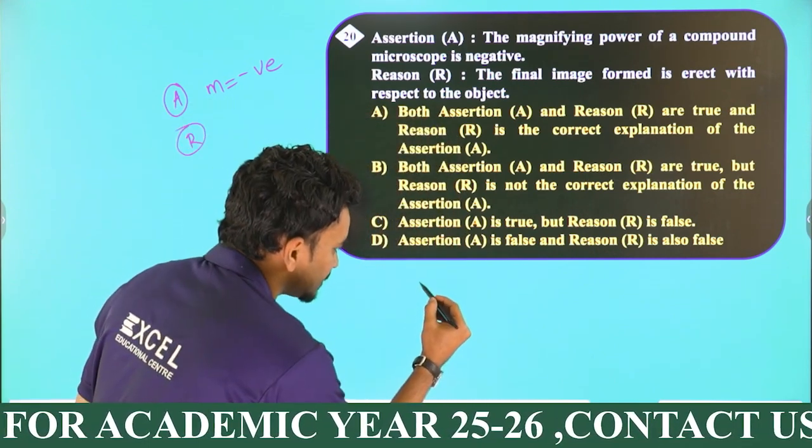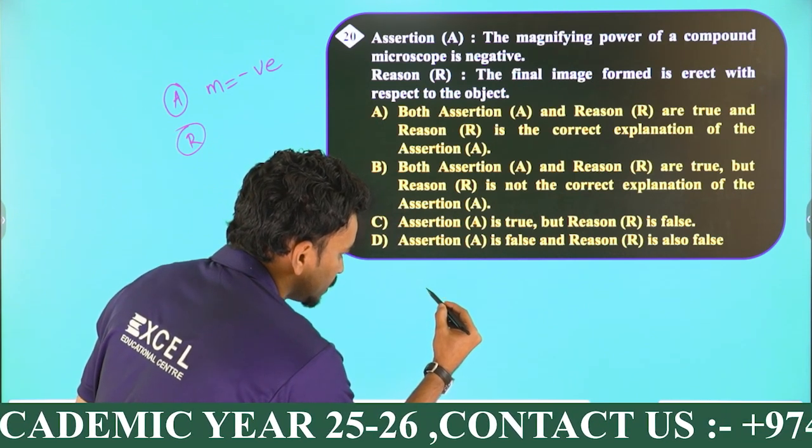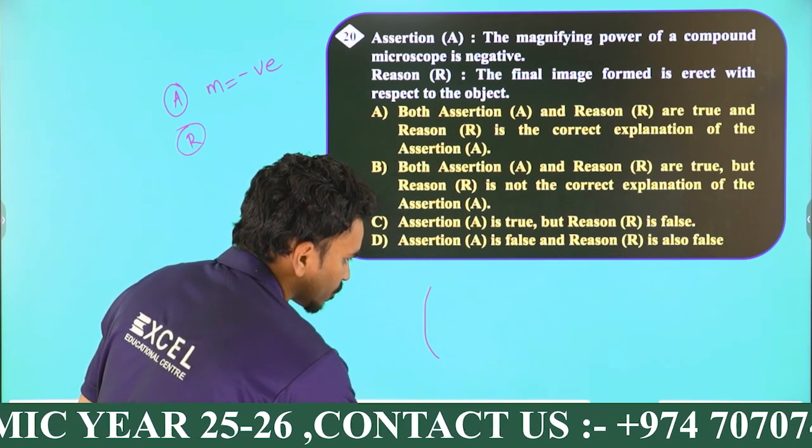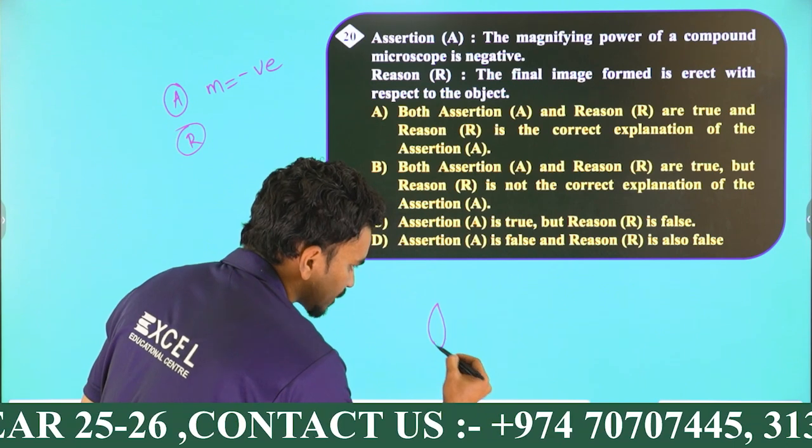Let me draw that diagram quickly here. Compound microscope. The objective has a smaller focal length and smaller aperture.